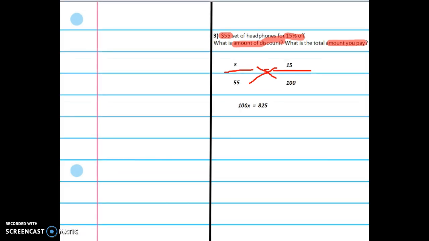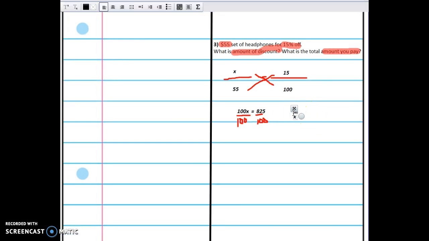Alright, so now we have a one-step equation. 100 times x equals 825. Divide both sides by 100. Same thing as swooping twice to the left. We'll get x is equal to $8.25.